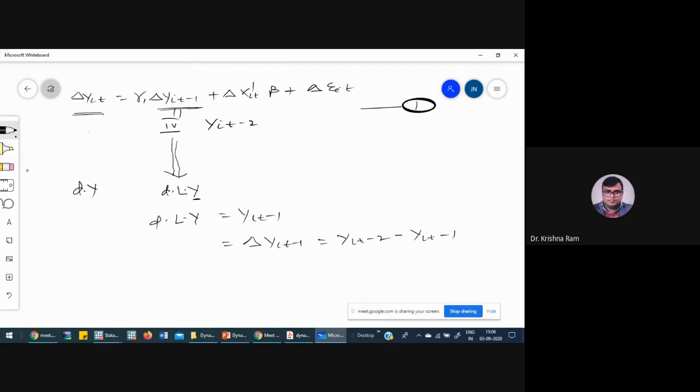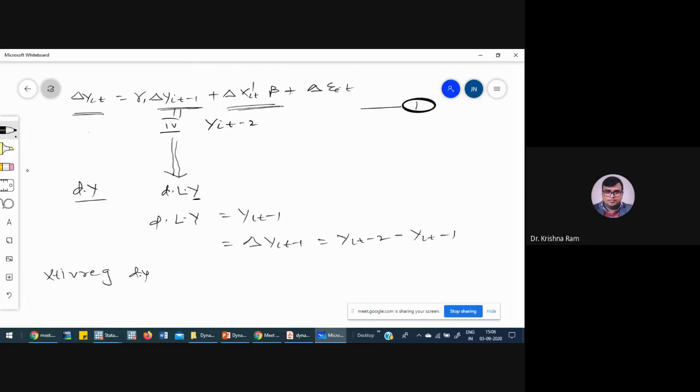So because of this, when we type the command, we type xtivreg, which is the xt instrumental variable regression. Then this one is the dependent variable, d.y, of course. Then all explanatory variables first.